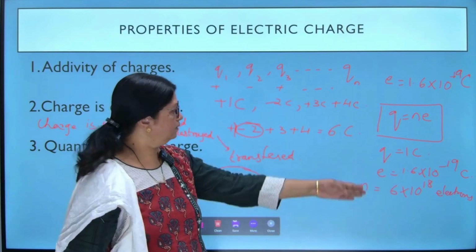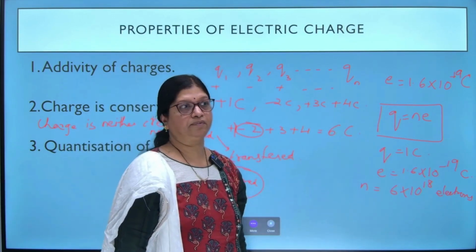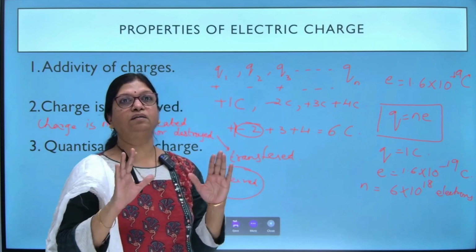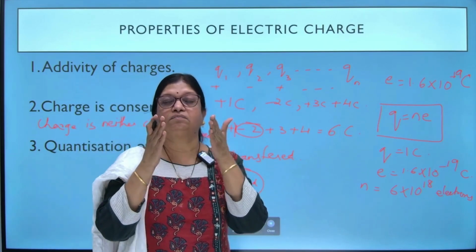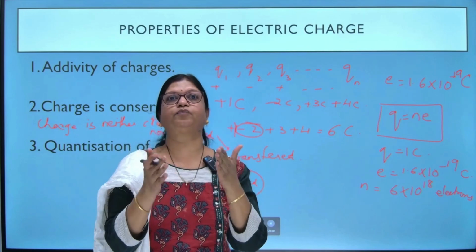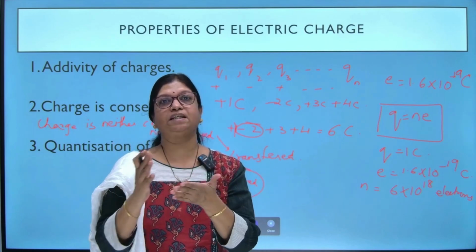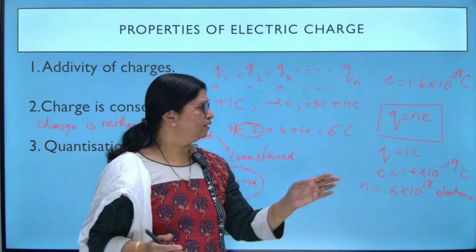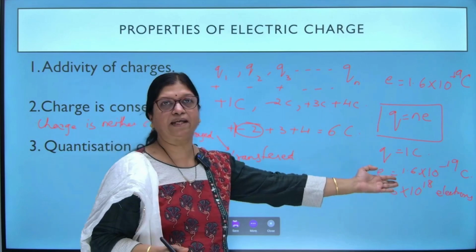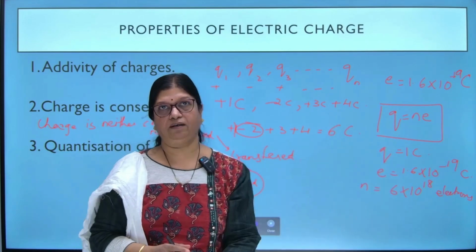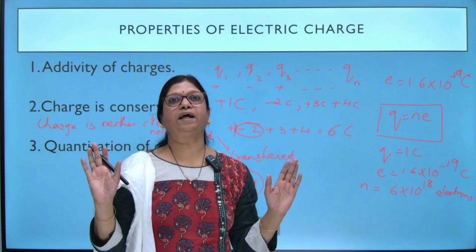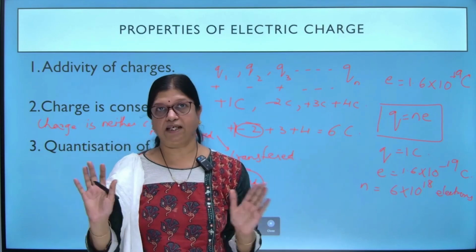Together, they make 1 coulomb. So here we have learned the first formula of this chapter, Q is equal to n e. You can get this answer just by substituting these values and getting the value of n. I hope I am clear with what we have done up till now.